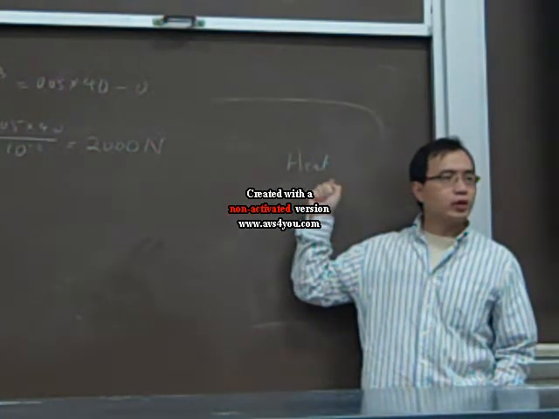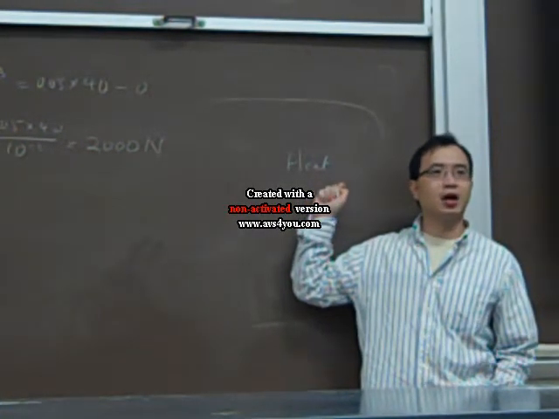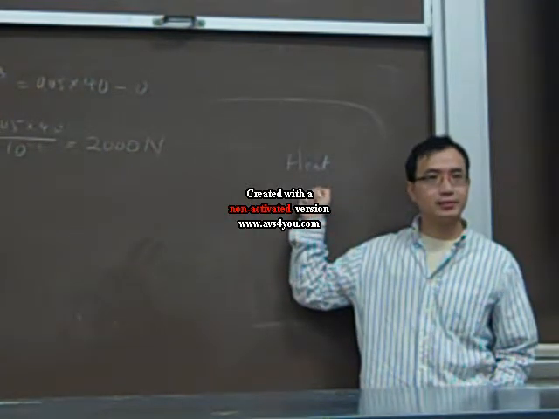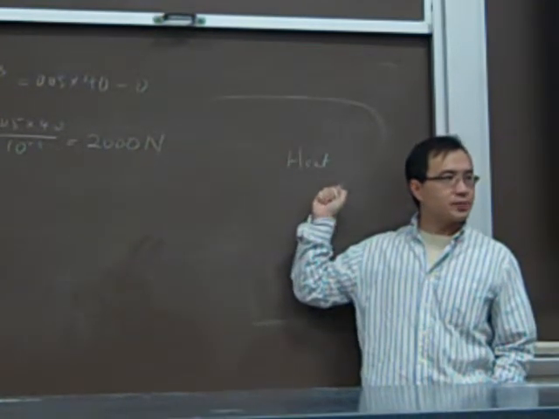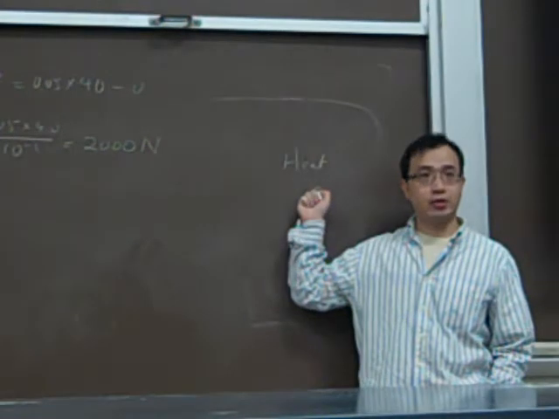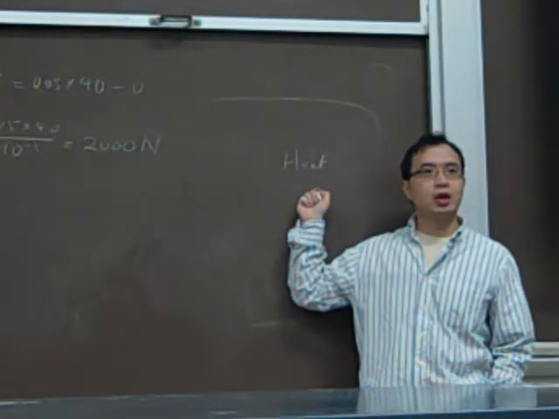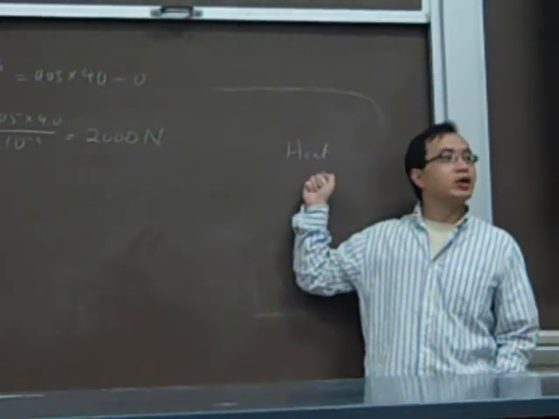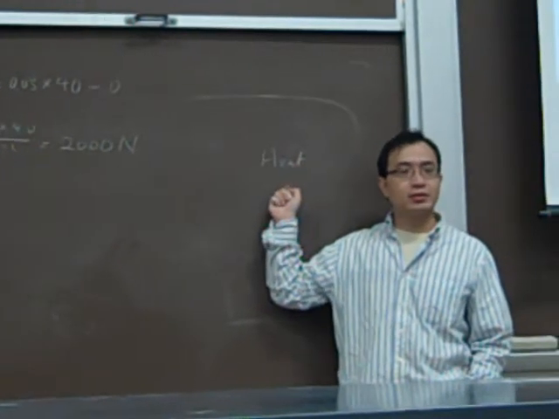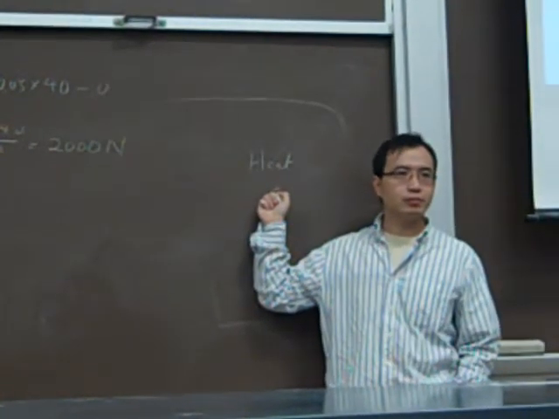Some people tried to explain heat as some kind of matter, and others tried to explain heat in terms of energy. So finally we know heat is energy, not matter. But it took a long time for people to do that.